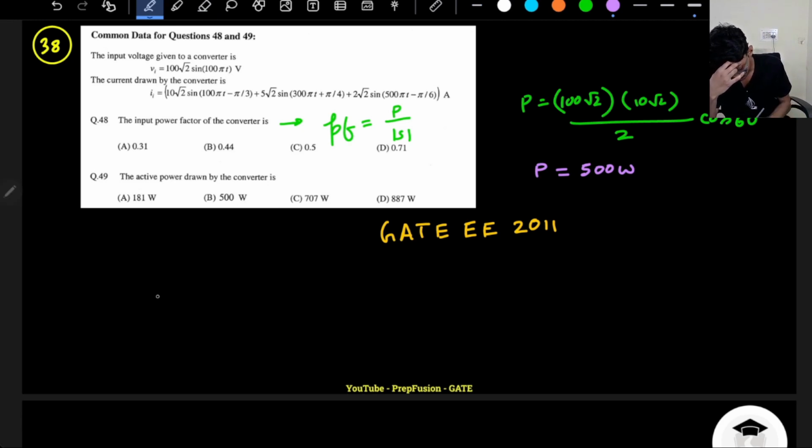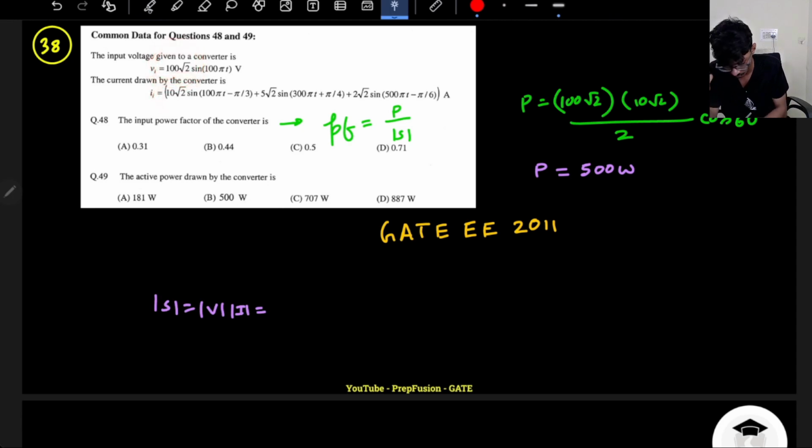What about the apparent power? Apparent power is the magnitude of the RMS voltage into the RMS current. How do you find the RMS current? Vrms is very simple, it is just a single component: 100 divided by root 2.